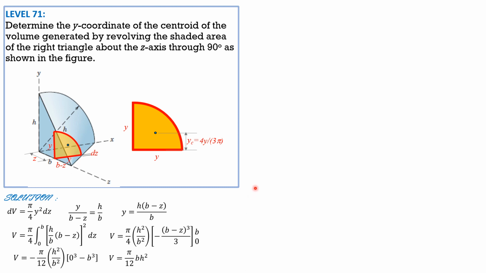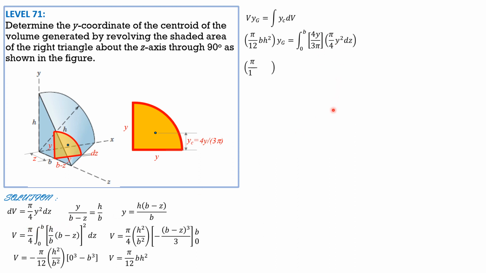Then applying Varignon's theorem, volume times yg equals integral of y sub c dv, where y sub c is 4y over 3 pi. So pi over 12 bh square yg equals integral from 0 to b of 4y over 3 pi, then dv is pi over 4 y square dz.